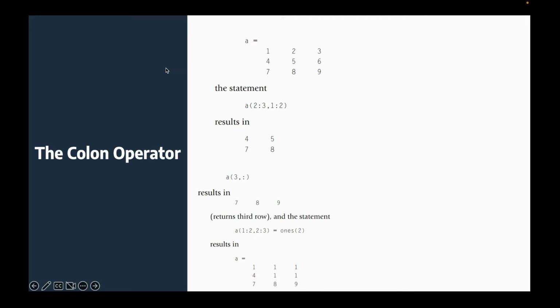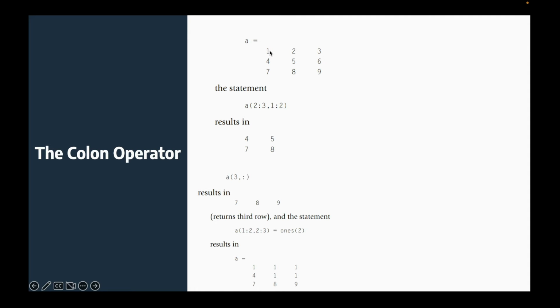Now what if we say A of 1 to 2, comma, 2 to 3 would equal ones of 2. That's going to tell you for the rows 1 and 2 and columns 2 and 3, whenever you see a value that's non-zero, give me back 1. Remember when we talked about logical operators? Here it switched it into a digital 1. So you can compare how it was here. It was the first column 1, 4, 7.